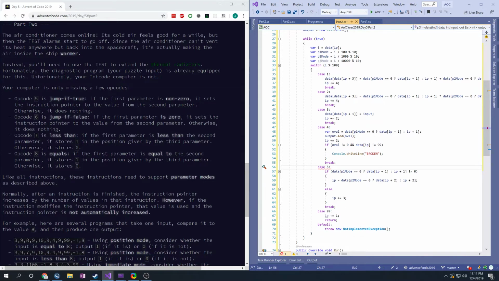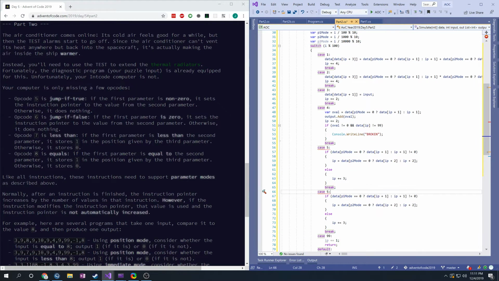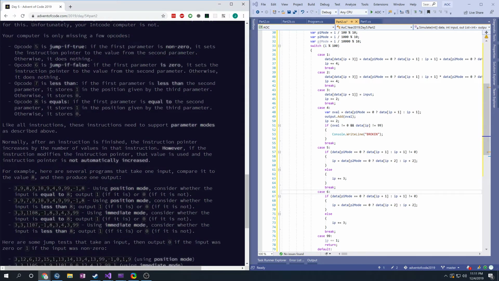Normally, the instruction pointer is automatically increased, but if the instruction modified it, it is not. Okay, so that's why we have to do these.